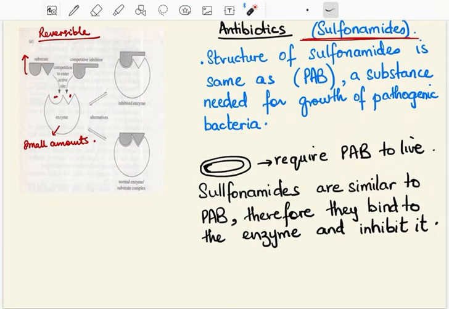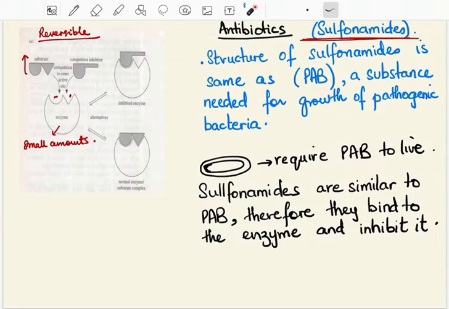Okay, this substance is needed for the growth of pathogenic bacteria. तो हम क्या कर रहे हैं? We are actually playing around by synthesizing the antibiotic sulfonamide and sort of customizing the structure of sulfonamide in such a manner that it is very same to a substance which is needed for the growth of pathogenic bacteria.